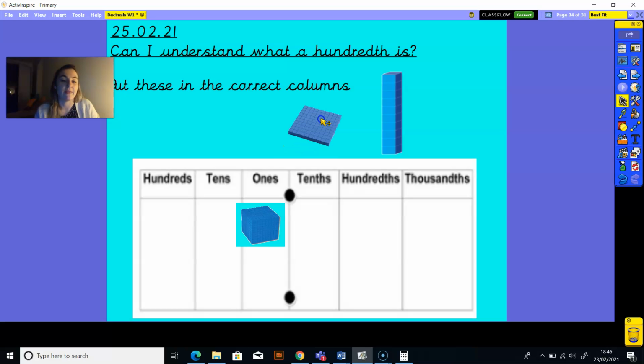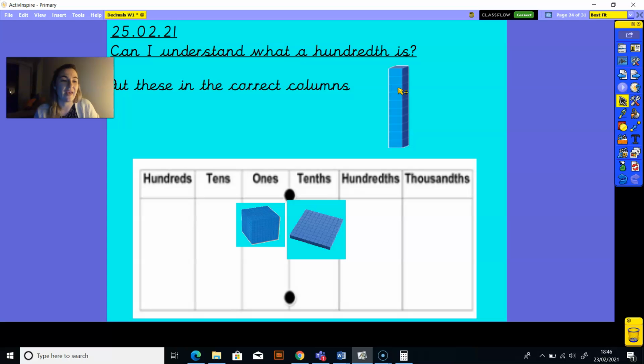And here we have got a tenth, which is just 1/10 of our whole number, which is here. And then here we are left with a hundredth. Okay, and we've only got one of these hundredths here. Okay, and you may notice that there are 10 of these hundredths in one of the tenths.